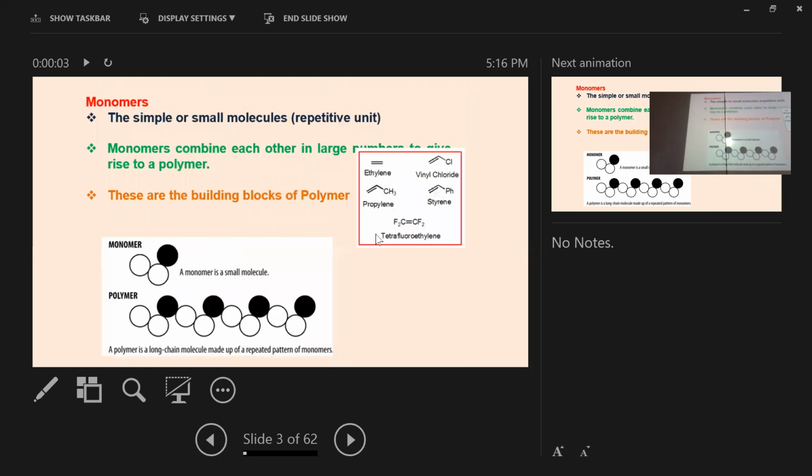First of all, we would like to know what a monomer is. The compound polymer comes from a combination or addition of many small molecules.